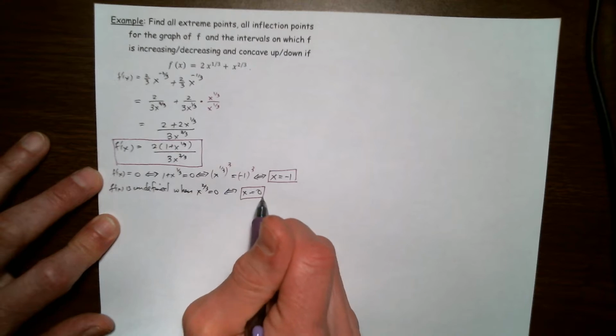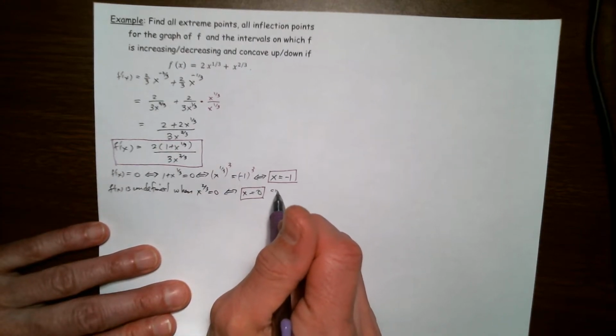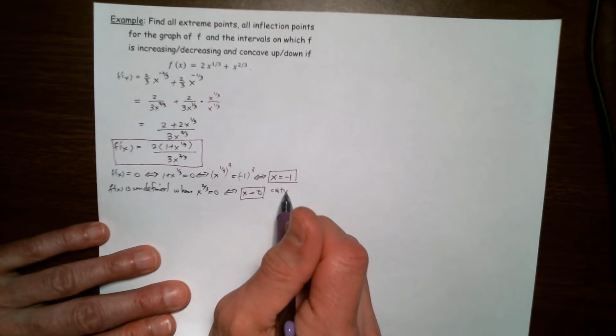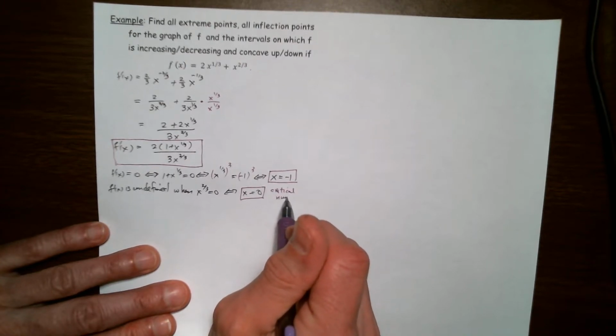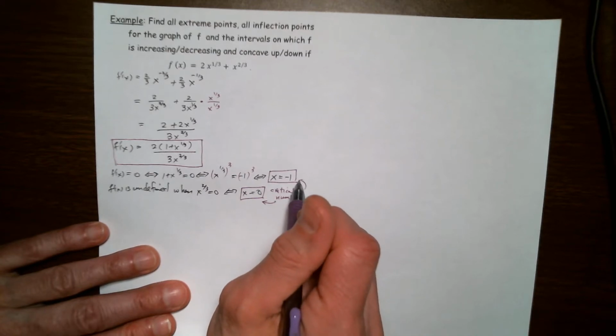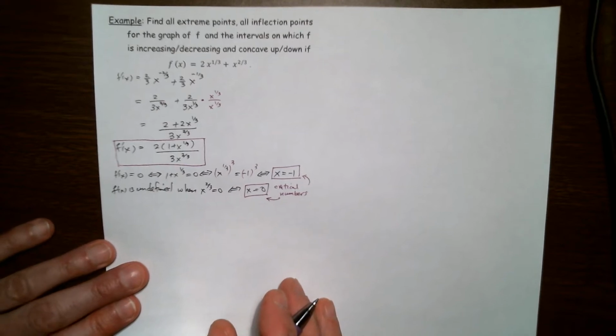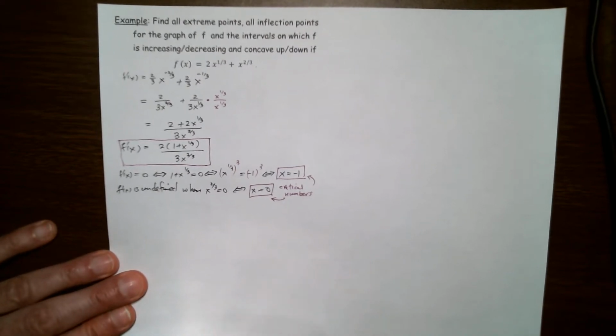So these two numbers we call the critical numbers for the function. They're the numbers where the first derivative is either 0 or undefined. Okay, so next we're going to compute the second derivative function.